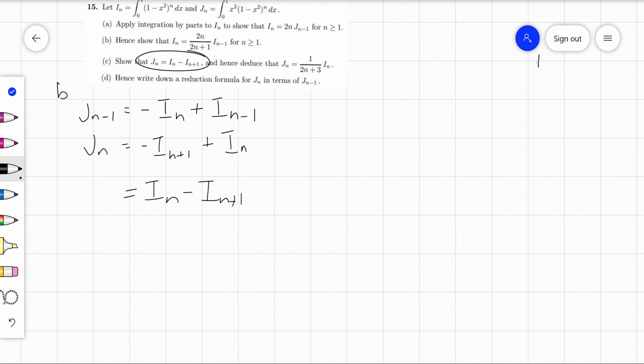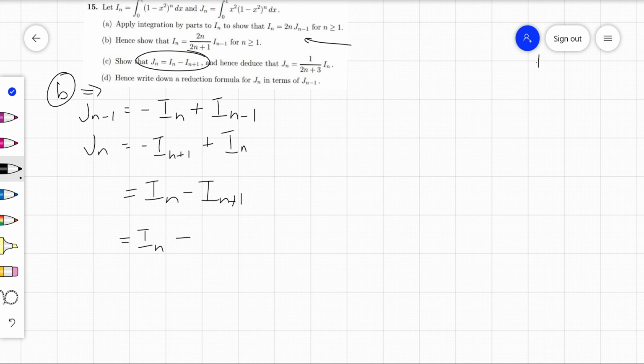So I could say from part B that. Therefore, let's have a look. I'm going to have In, because it says hence deduce. In minus, if I look at In plus 1 in terms of some I's, because I want all of this in terms of In, so I need to get rid of that In plus 1. So let's look at this.